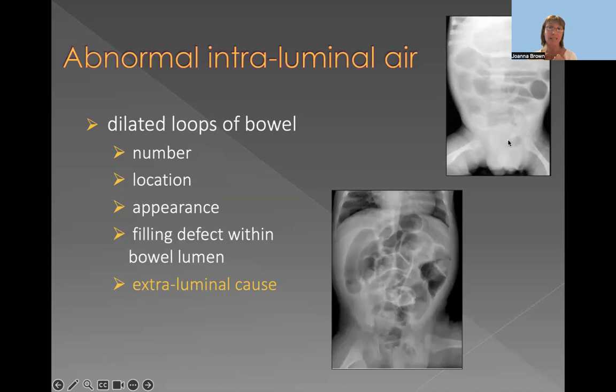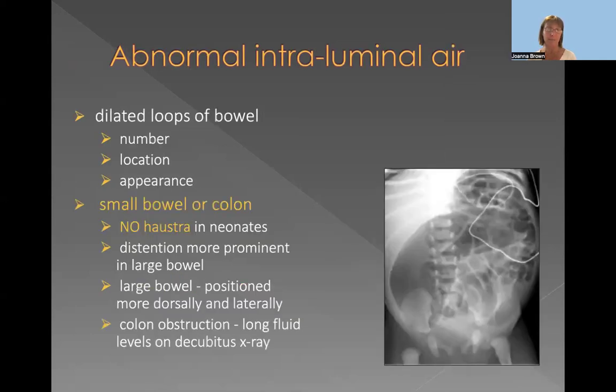And this is one of the examples here, the loops and the air visible within the inguinal canal, and another baby with loops of bowel extending into the superior part of the scrotum. So always look at all parts of the abdominal X-ray, especially on the edges of the X-ray, and in boys, when you see obstruction, think about the possibility of hernia.